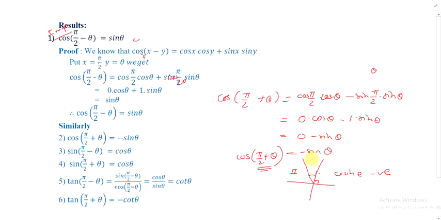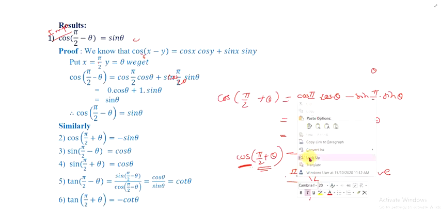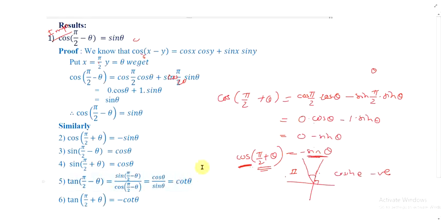Though the result is sine, we are actually finding the value of cosine, and cosine is negative in the second quadrant. That's why cos(pi/2 + theta) has the same result, sin theta, but it is negative in the second quadrant. That's why it has a negative sign, that is minus sin theta.